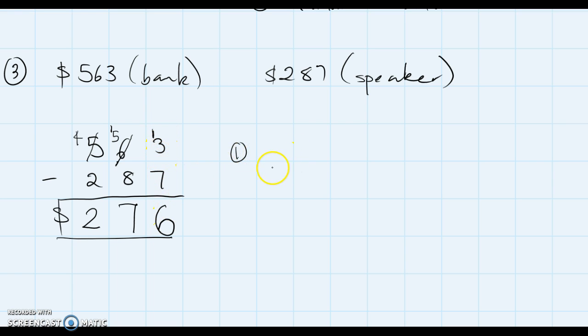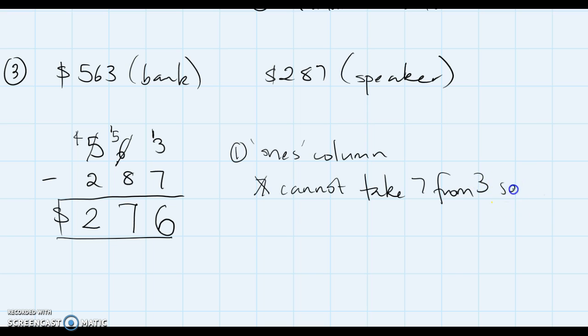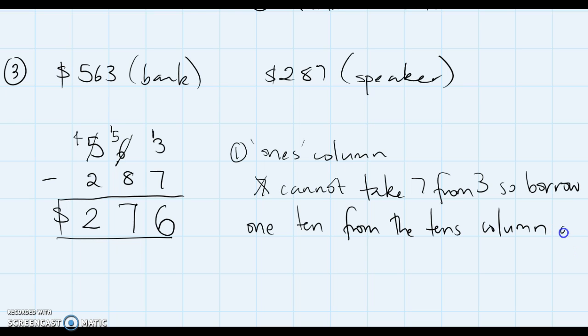Look, the first step was looking at the ones column. Okay, we know we cannot take 7 from 3, so borrow 1 ten from the tens column and add it to 3 to make 13.